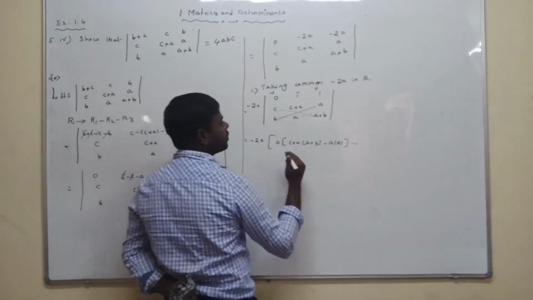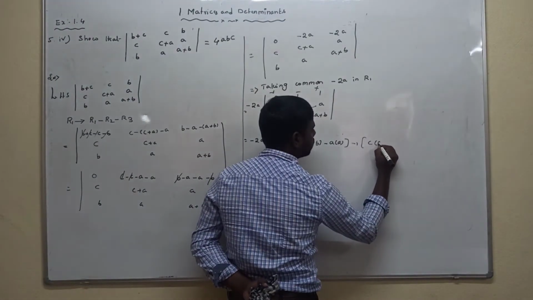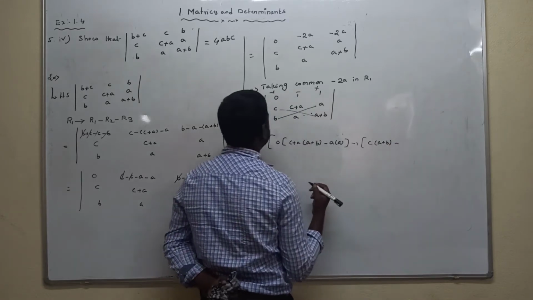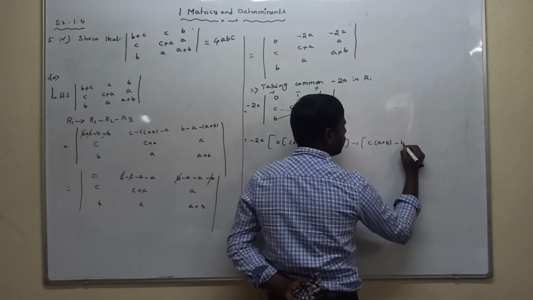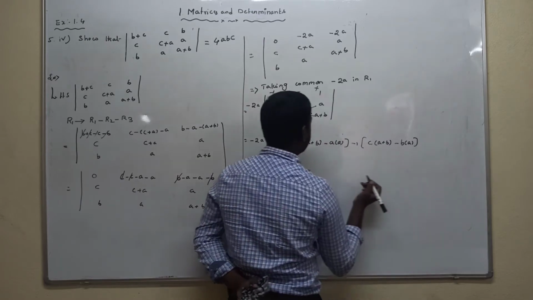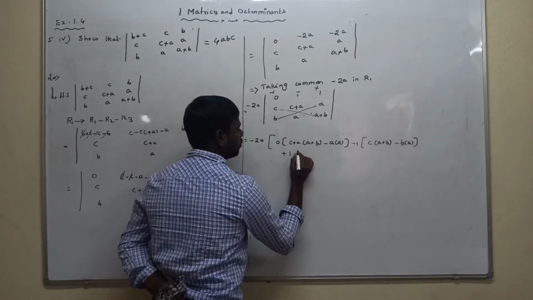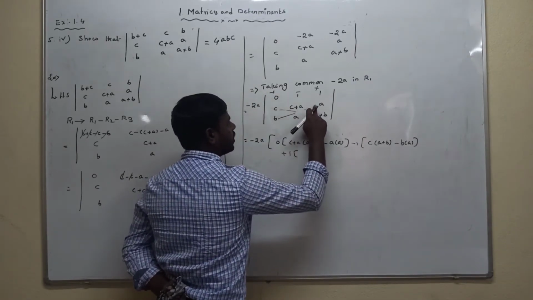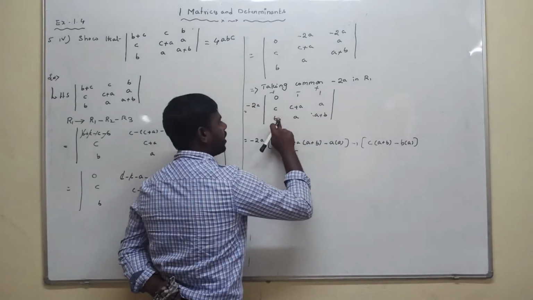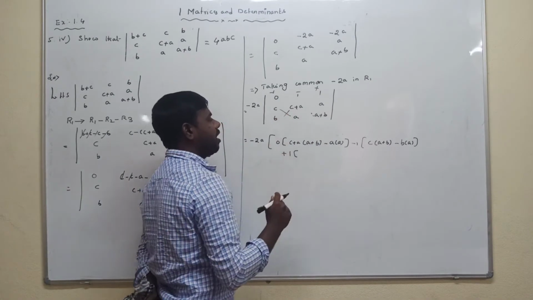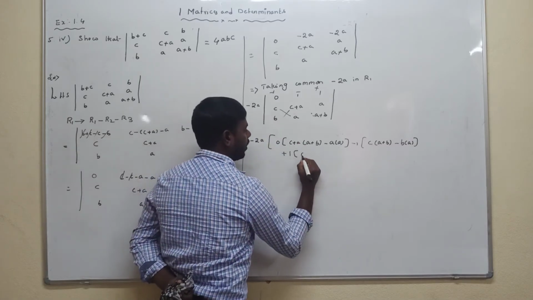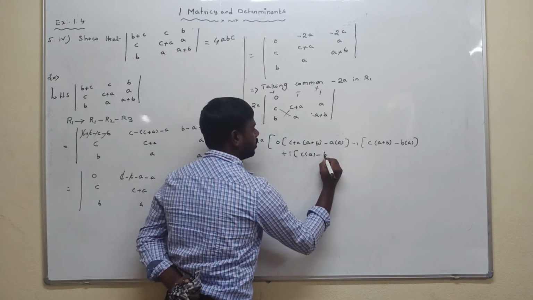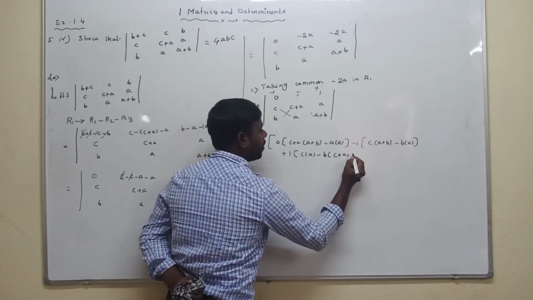So that's why c into a plus b minus b into a. Next plus 1, the first row, third column eliminated, cross product with the left of the elements: c into a minus b into c plus a.